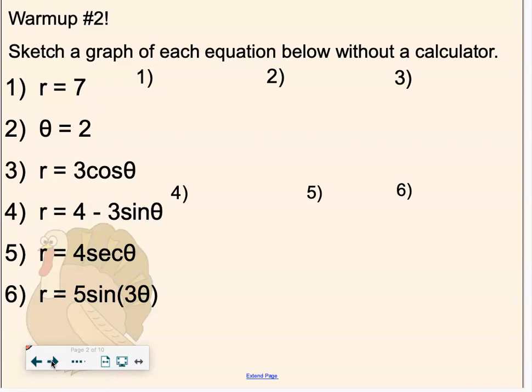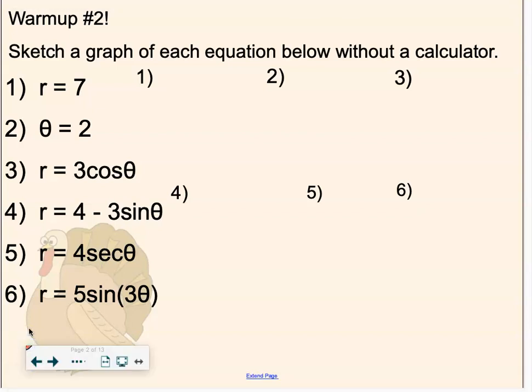But when you come to these, when in doubt, plot points, right? So if you've forgotten what shape these are, this might be a circle, but we'll wait and see. If you forgot what shape these are, pick a few major angles for theta, plug them in and see what you get, okay? All right, try these, just rough sketches on your whiteboards.